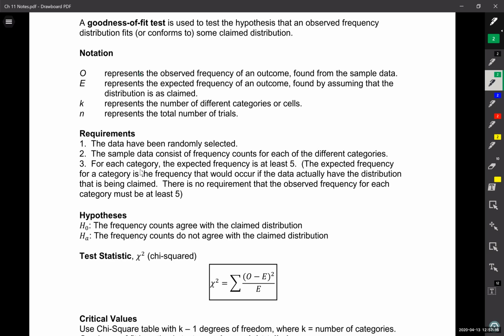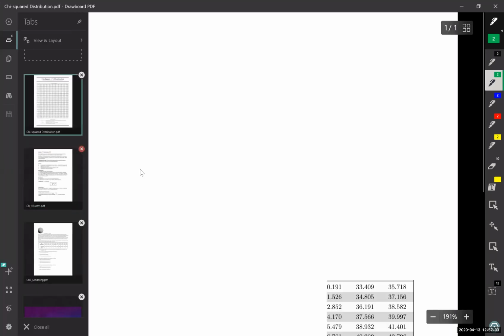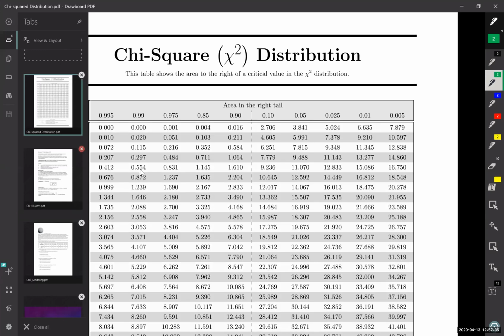Okay, formula, test statistic. This time our test statistic is chi-squared. So it's pronounced chi. It looks like an X, but it's a Greek letter. And that goes to this table that you have at the back of your package, chi-square. And this is our chi-square distribution, which we'll use a little later.